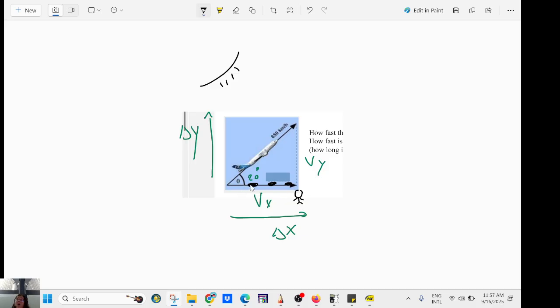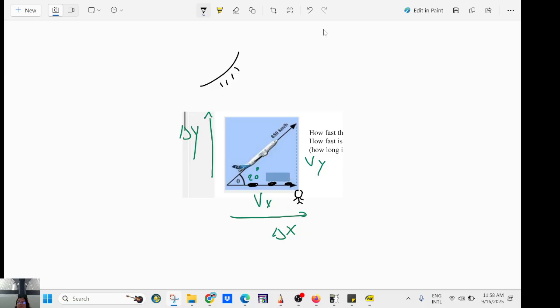So you can find how long it's going to take for a shadow just to be above your head. So in that case, you're going to use the X component, because it's doing two things at the same time, moving forward and moving upward. We say that it's moving at a constant speed, although it doesn't. But so find the x component of the velocity and find the y component of the velocity.